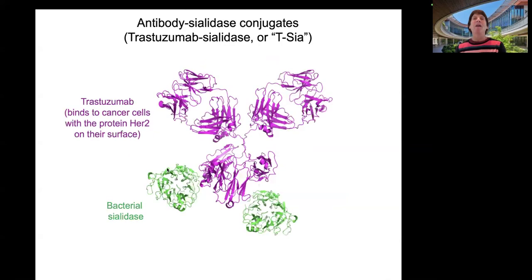So the actual molecule that we made to test this hypothesis, this was kind of a prototype drug, was a protein that was part monoclonal antibody. That's the parts that are in pink here. This is a ribbon diagram of a protein. And also part enzyme, where the enzyme is an enzyme called a sialidase.